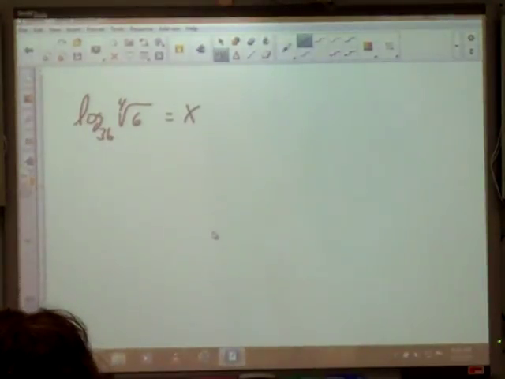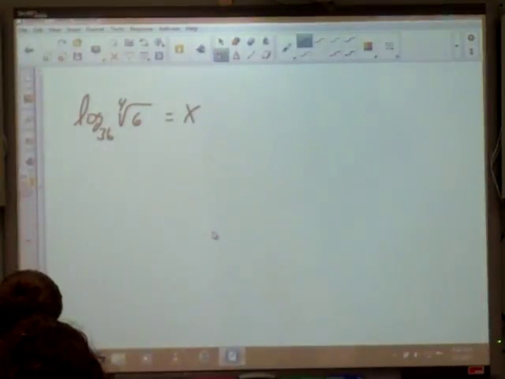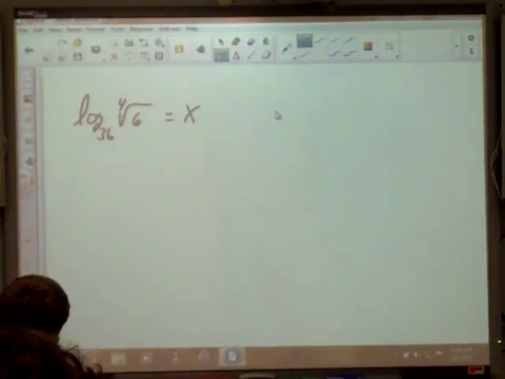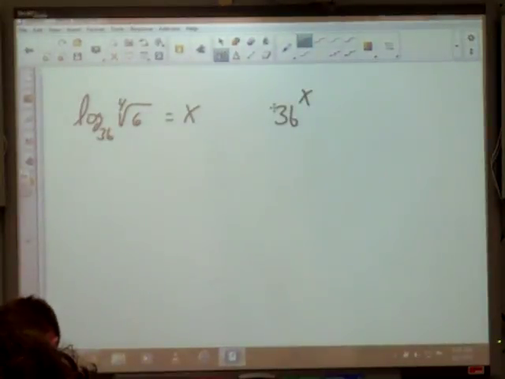I think when I was doing new bell ringers this morning, I did one similar to this. Okay, the girls set it over here. 36 to the x is equal to the 4th root of 6.